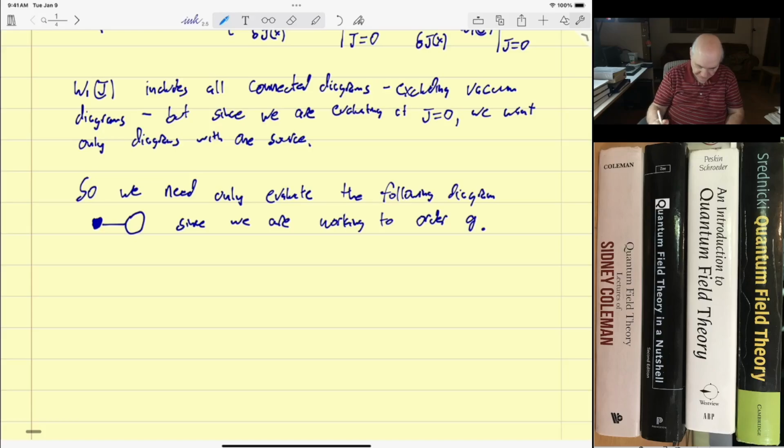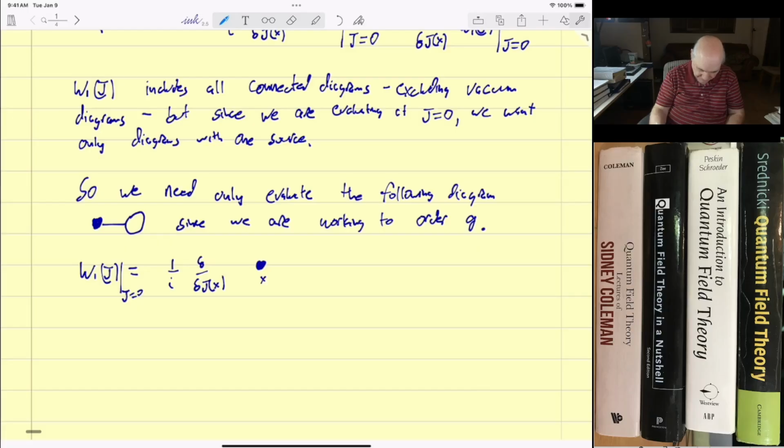So let's do this. We have W_1(J) at J equals 0. We have 1 over i del J(x) of this diagram.